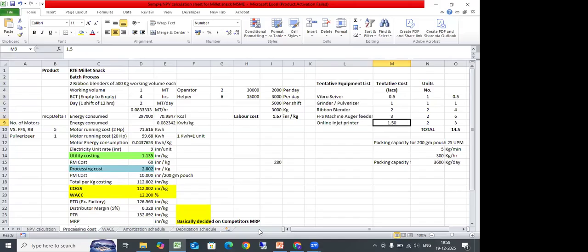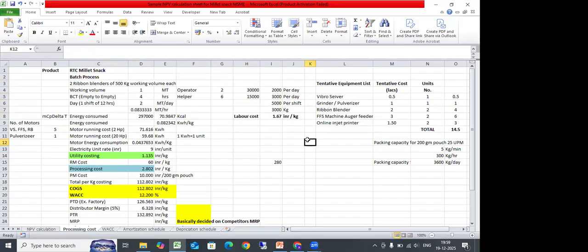And an online inkjet printer with an eye-mark sensor to print on the laminate. Is this ready to eat or ready to cook? Ready to eat will require more machinery, like an extruder, since it has to be cooked. So I will change it into ready to cook millet snack.